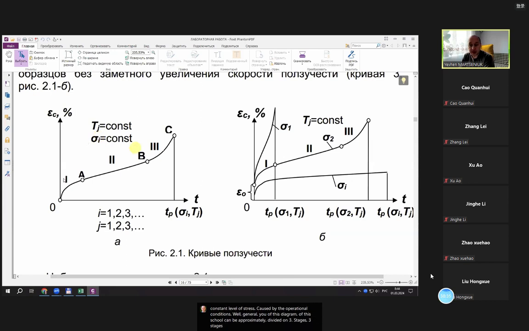Stage number 1 from 0 to point A. Again, this is just approximate. Stage number 2 is zone AB, and stage number 3 is zone BC on the diagram. Let's describe what happens with the material in the different stages.